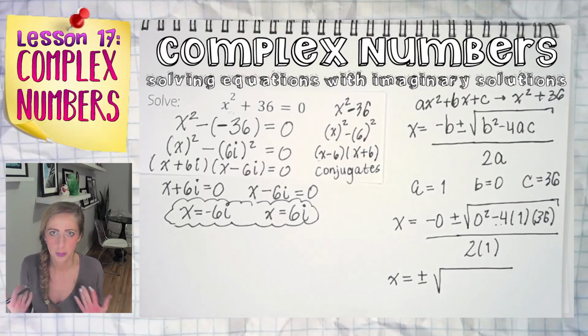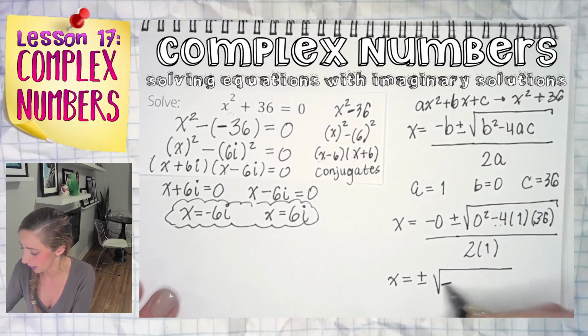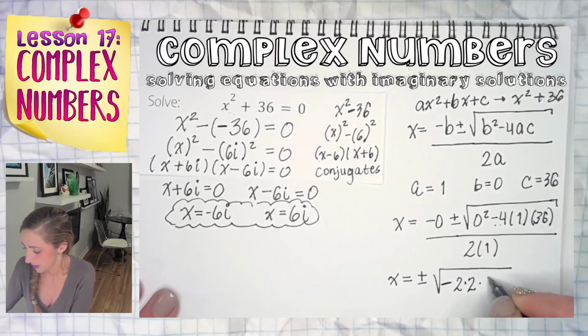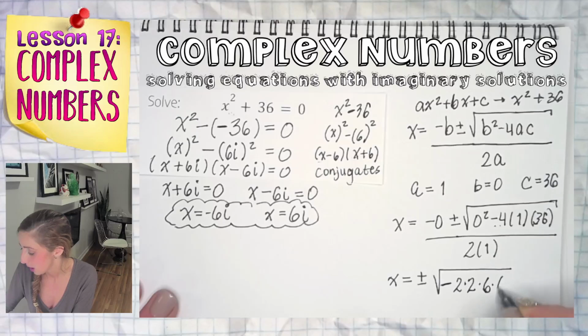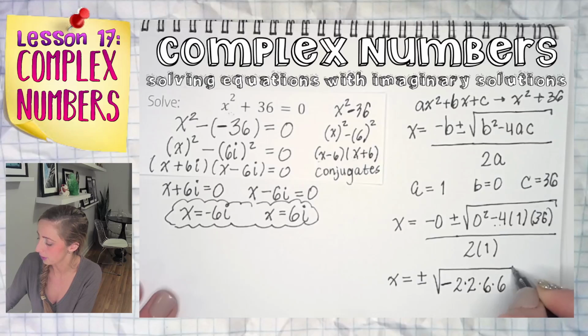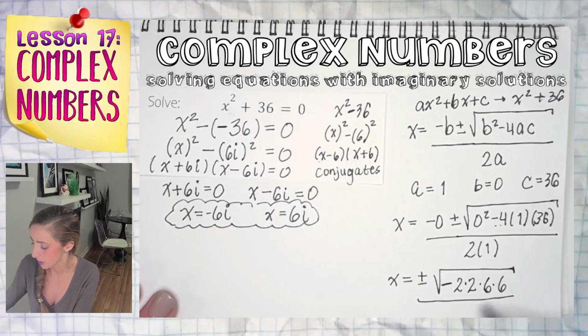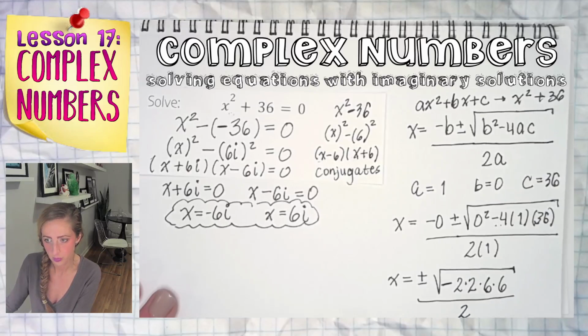If you keep multiplying perfect squares together, you will get another perfect square. Think about how that number's built, right? Because here we'll have the negative, or negative 1. That 4 is really 2 times 2. And the 36 is 6 times 6. Could I do 2, 2, 3, 3? Sure. But you could also stop early. You could stop at 6 and 6. It's just as good. All over 2 times 1, which is 2.